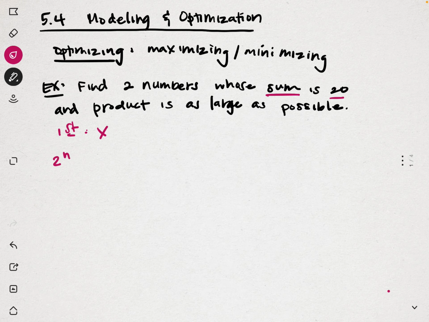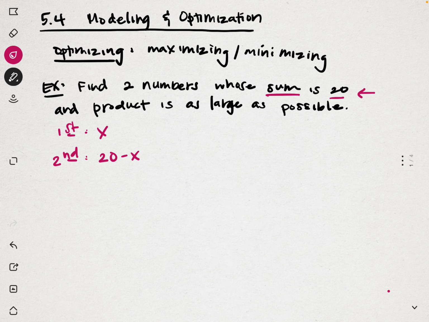Then if we know that the two numbers add up to 20, the second number is going to be 20 minus x. So let's say x is 5. Then the second number would be 20 minus 5, which is 15. And those definitely add up to 20. So this takes care of the sum part.